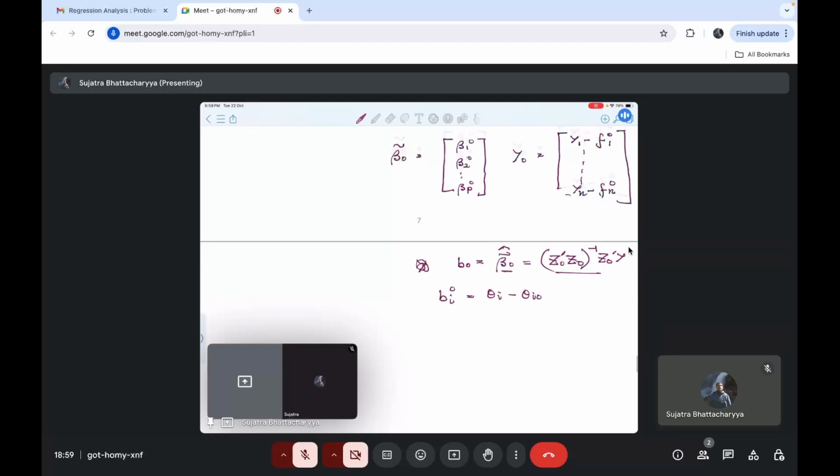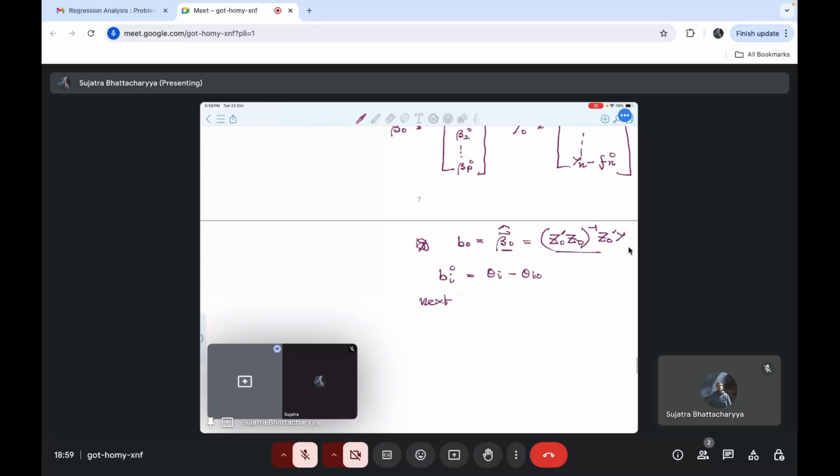Okay. Now, next iteration. So this is based on the initial value. Correct? The next iteration will be theta 1, so this will be theta i 1, which is equal to theta i 0 plus b i 0.